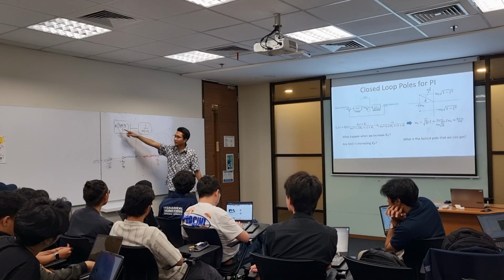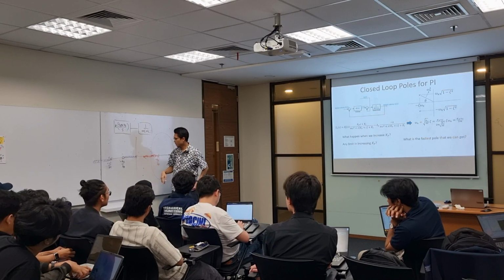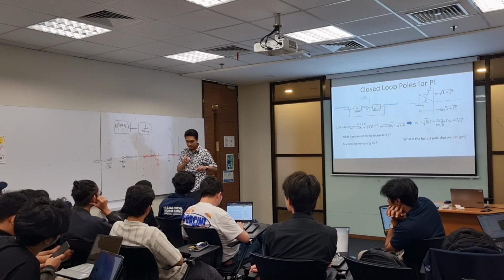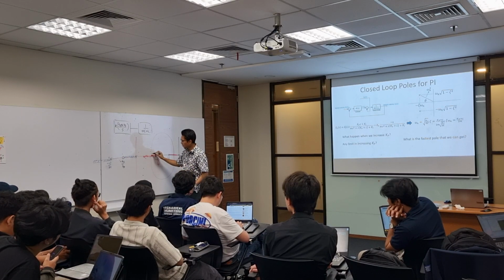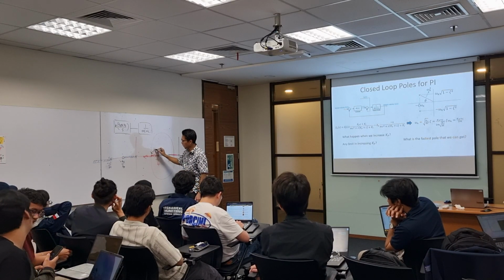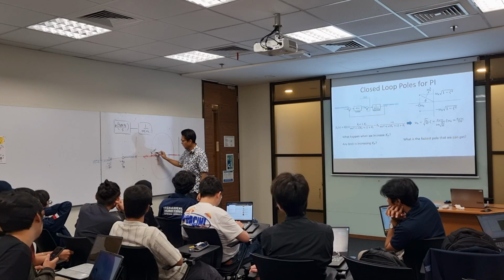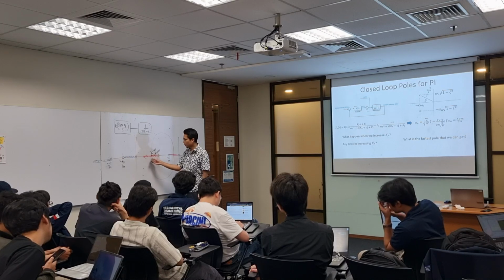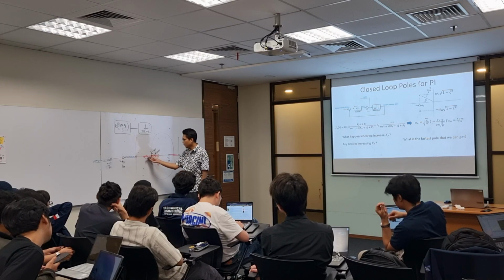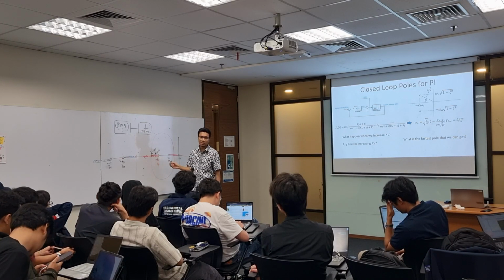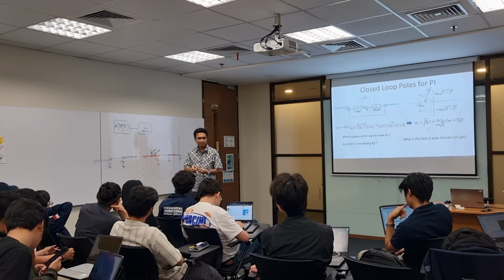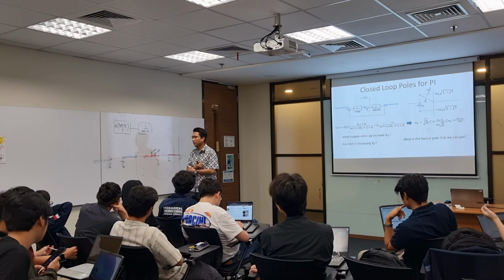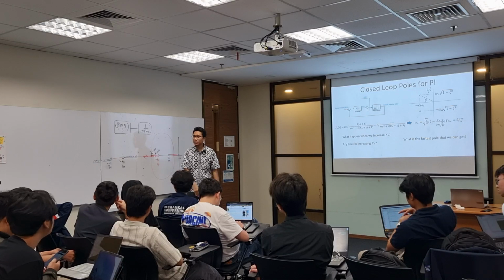But don't make the k greater than that. This is just an example. Let's say you set your k here to be 100, and in here your k could be 150. As you increase your k, it will go to the right side. It's not advantageous for you. It is stable.